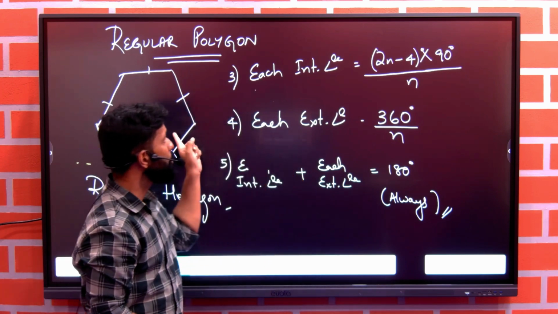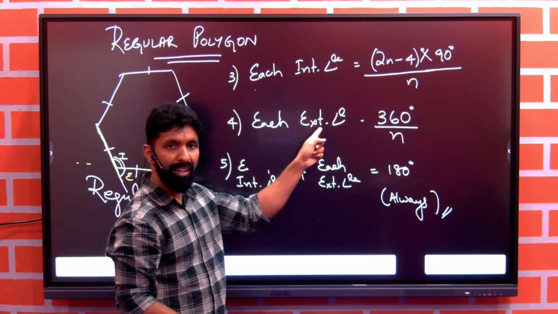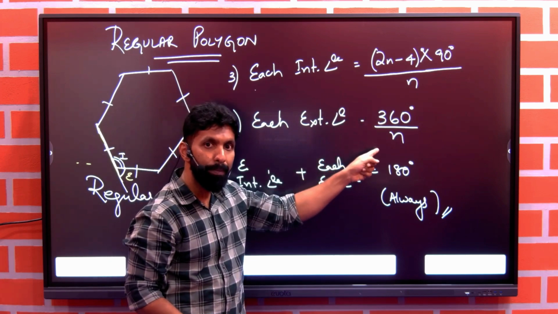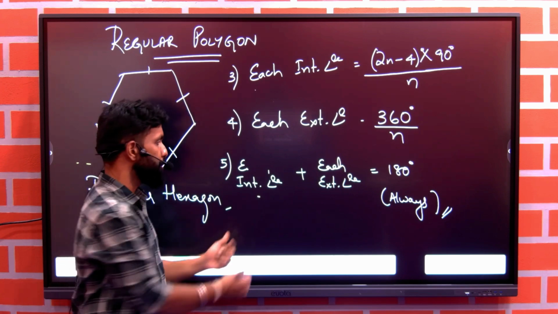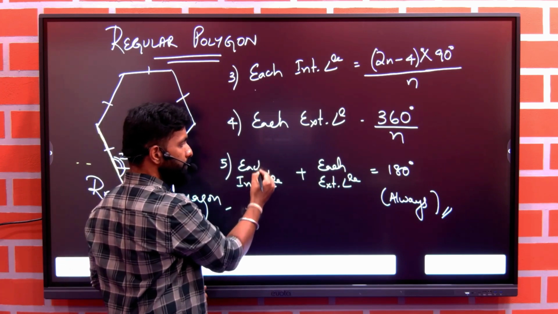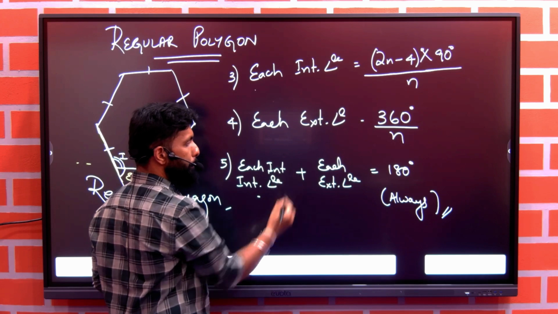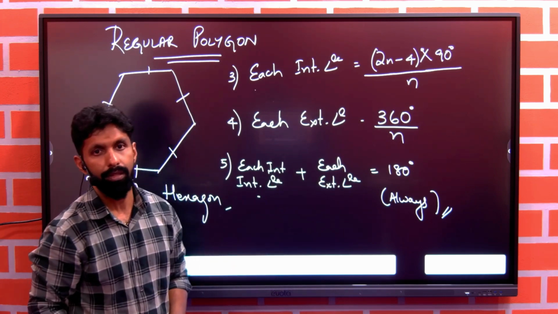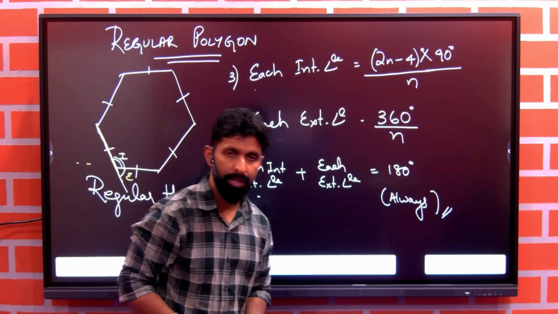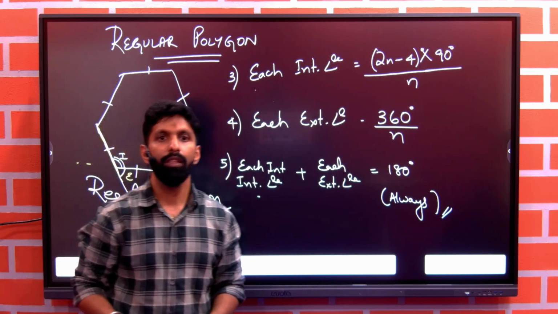But if I'm talking about a regular polygon, each exterior angle is 360 divided by n. And this condition is always true: each interior angle plus each exterior angle is always equal to 180 degrees. So if you remember these 5 formulas, we can actually start off with few questions.